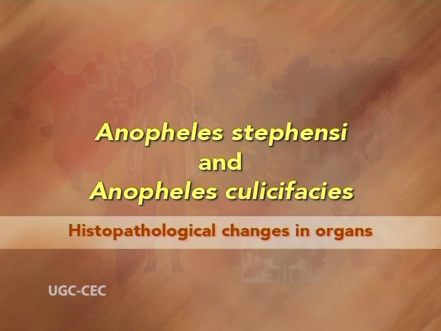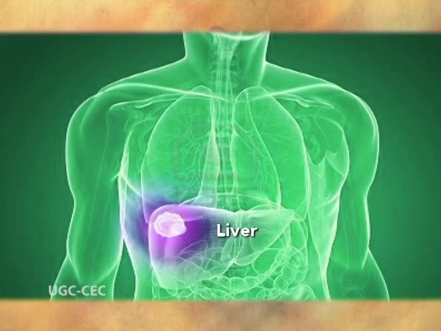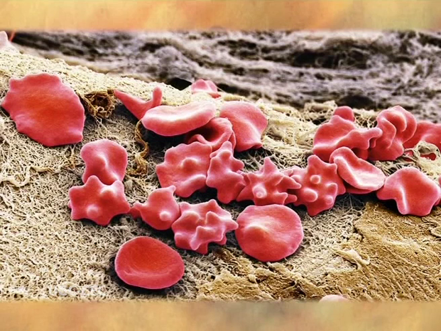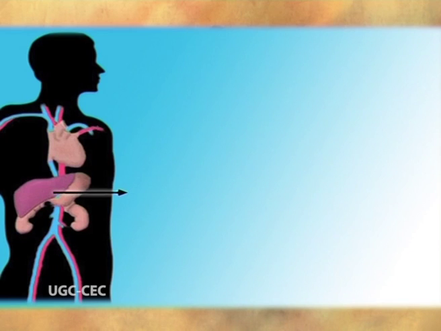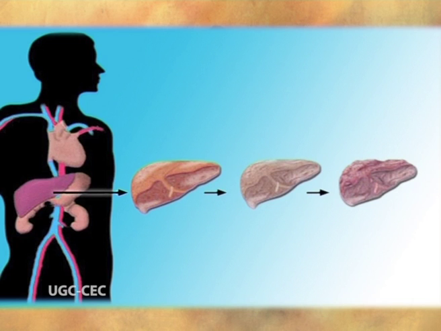Histopathological changes in organs. Target organs: RBC and liver. Resultant liver dysfunction and necrosis as a result of malaria is uncommon and usually only occurs in those with other liver conditions such as viral hepatitis or chronic liver disease.